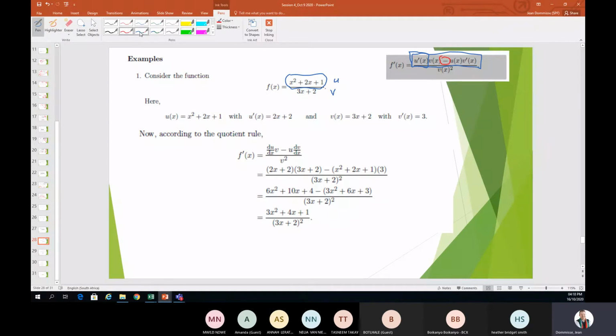And then the other thing that we also need to see is we always divide by the one that's at the bottom, but squared, or to the power of 2 of that. So that is always the case. That is what you need to do.